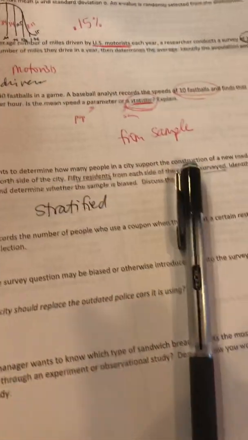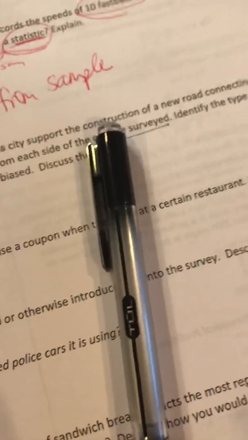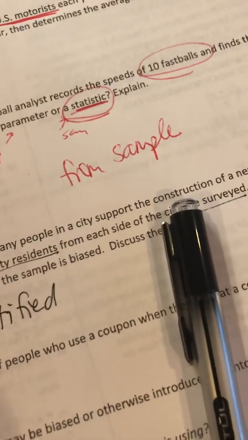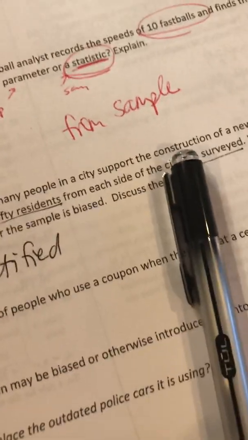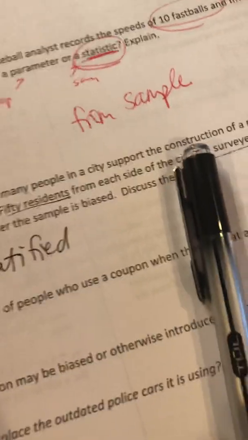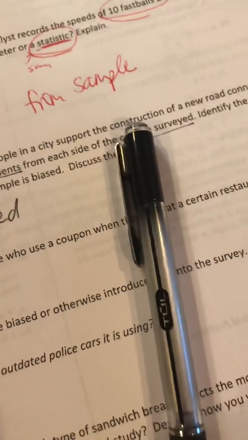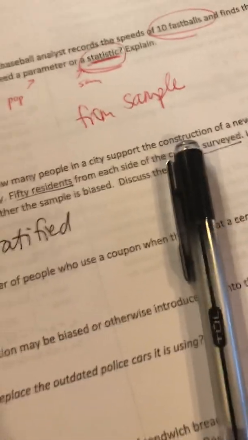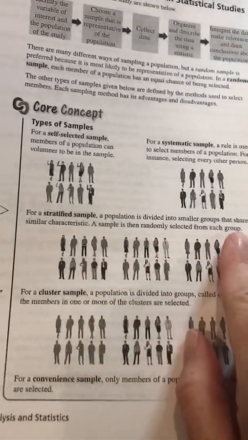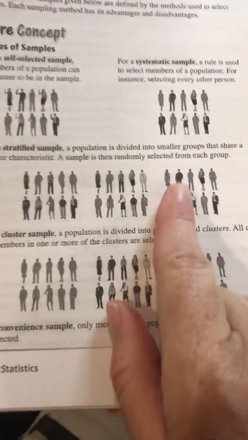If you remember, we went through and looked at all of those different ones in a previous lesson. Sorry, I'm just going to look for it really quick and see if I can help you guys see. Okay, so stratified says that they're divided into smaller groups and then randomly selected from each group.